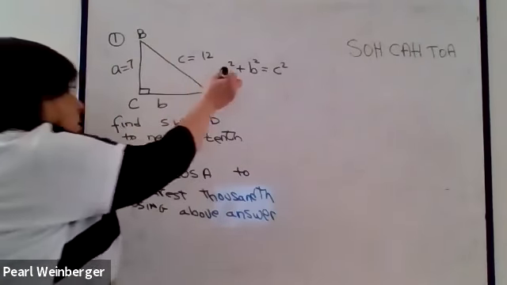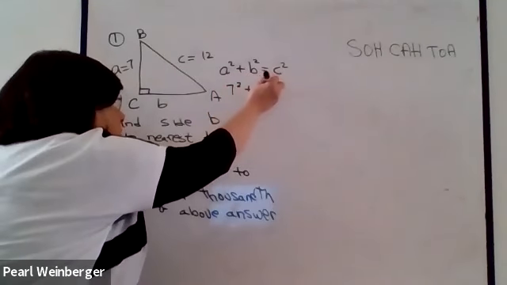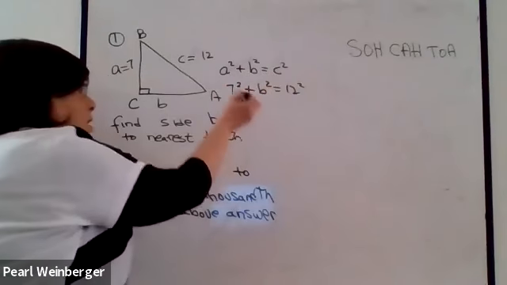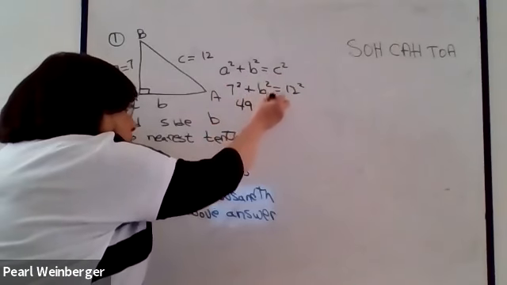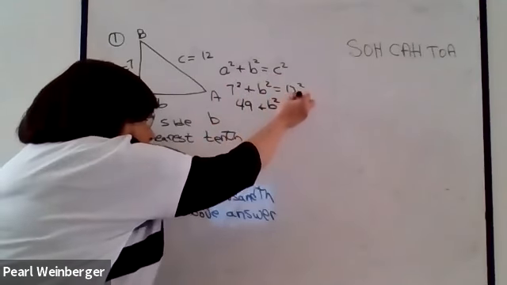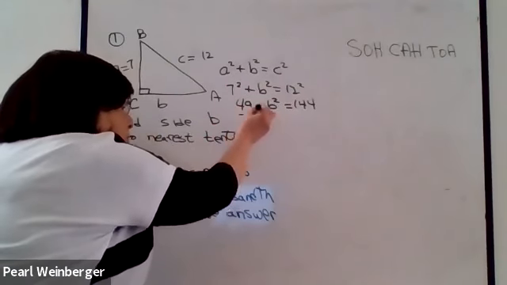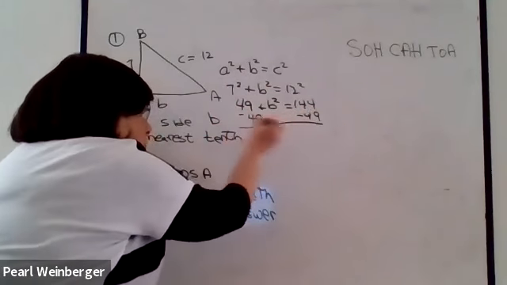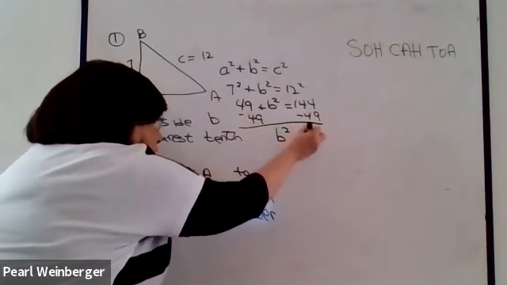So if I put in the numbers, this is going to be 7 squared plus b squared equals 12 squared. And this is 49 plus b squared equals 144. And I'll subtract 49 from both sides, which will give me that b squared equals 95.